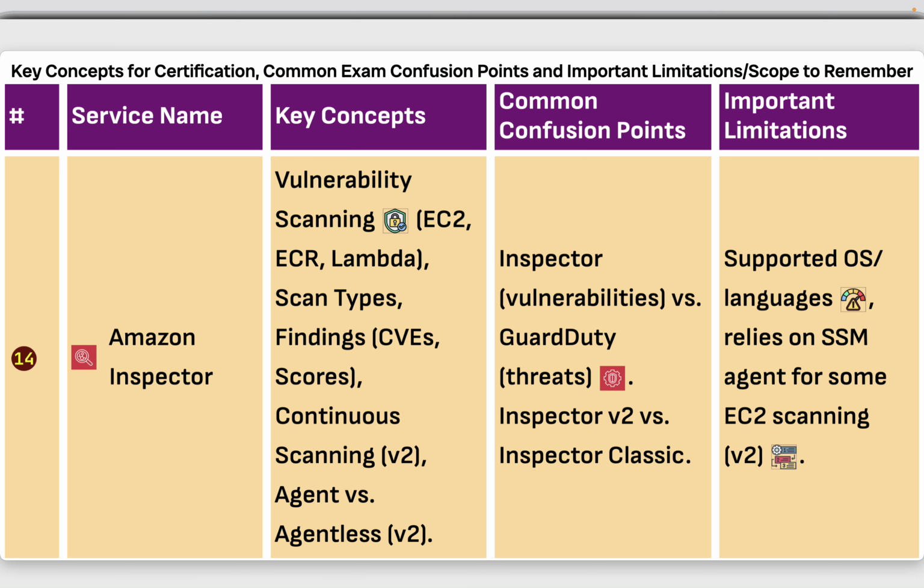Then Inspector V2 versus Inspector Classic. Limitations are some supported operating systems and languages, and it relies on the SSM agent for some EC2 scanning for this V2 service. SSM agent is from the Systems Manager service. And CVEs, as I talked about, is Common Vulnerabilities and Exposures.